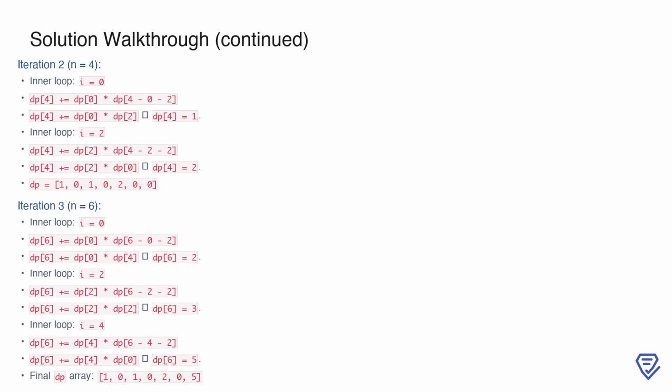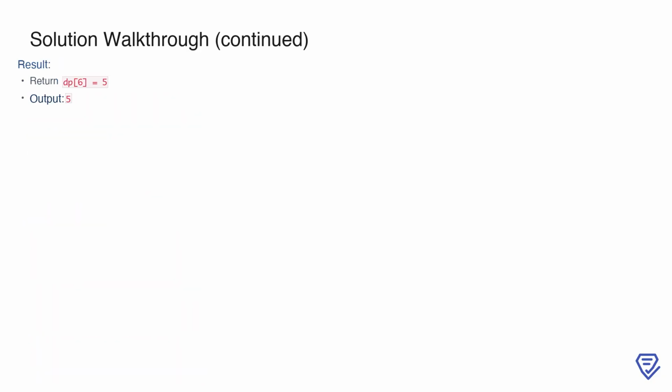Finally, with i equals 4, we compute dp 6 plus equals dp 4 asterisk dp 0, bringing dp 6 to 5. The final DP array becomes 1, 0, 1, 0, 2, 0, 5, reflecting all valid configurations for 6 people. The result for number underscore people equals 6 is dp 6 equals 5. This means there are exactly 5 distinct ways to arrange non-crossing handshakes among 6 people.